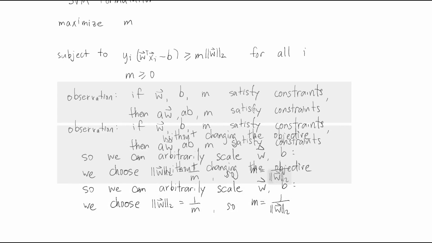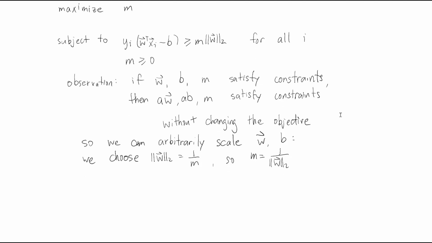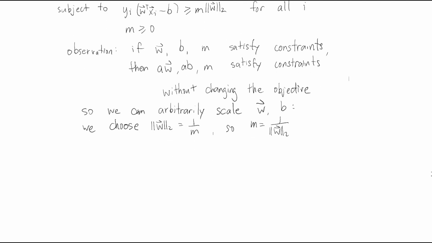Okay, so moving this up a little bit to give me more room to write down the optimization again. The new formulation is maximize m. The variables we're choosing to maximize m are m, w, and b, subject to yi times (w transpose xi minus b) greater than or equal to m. We can either replace w or replace m, so we're going to replace m.